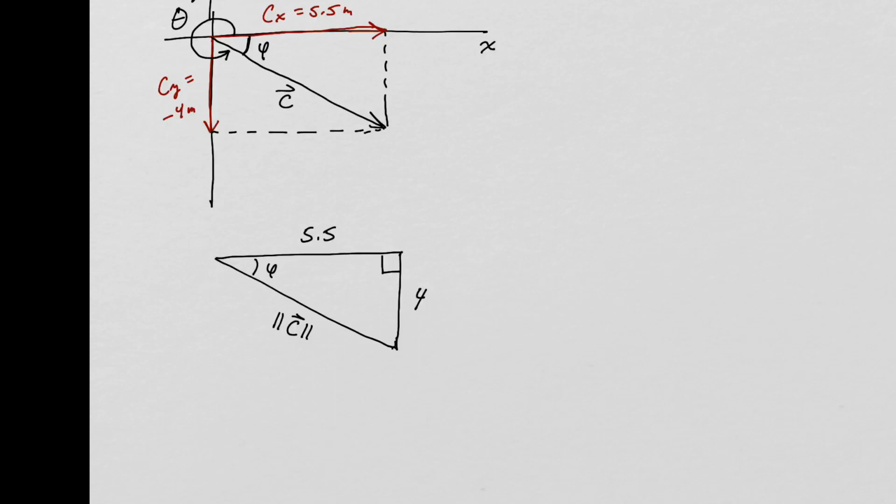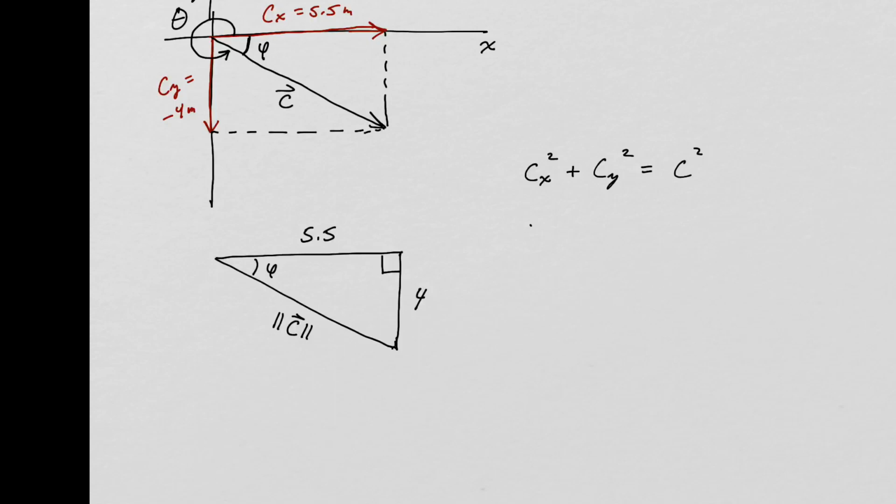Well, can't we just use the Pythagorean theorem? Remember, in general, if you have a right triangle, one leg squared plus another leg squared equals the length of the hypotenuse squared. A squared plus b squared equals c squared. So in this case, my x component squared plus the y component squared is equal to the magnitude of C squared.